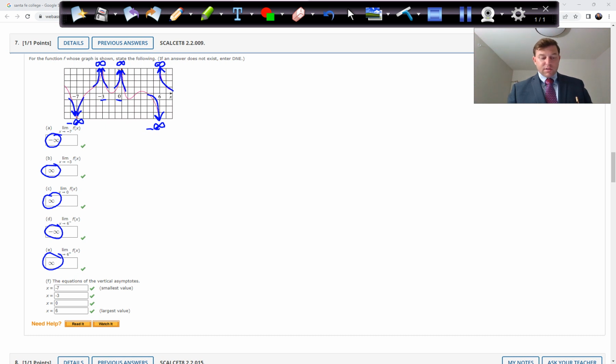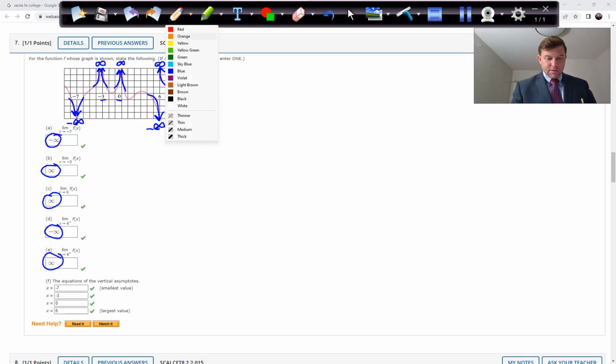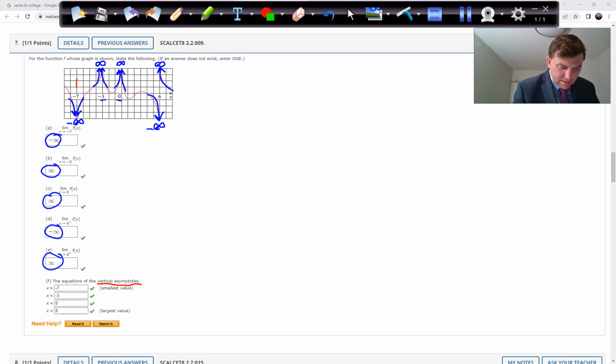Okay, these are called vertical asymptotes. Usually we show them as dashed lines, and if we use color, it's usually red.